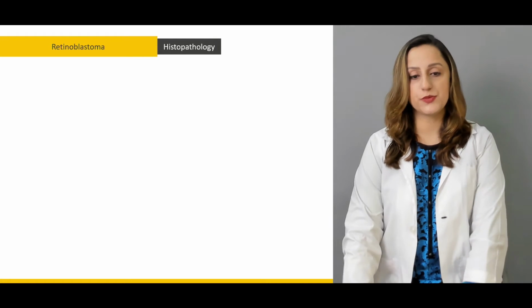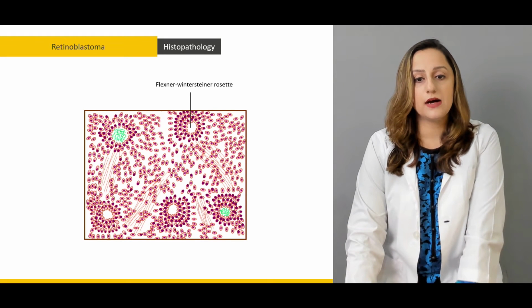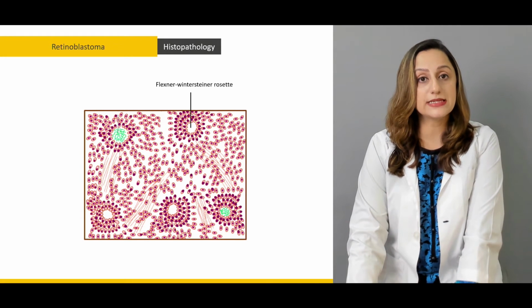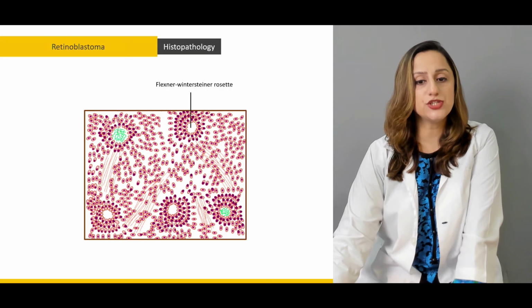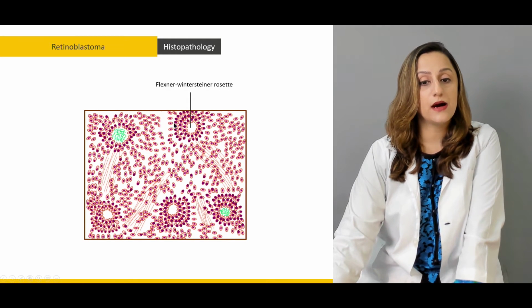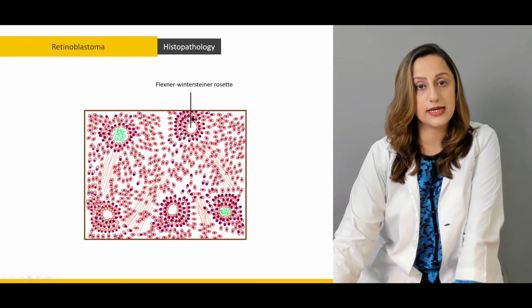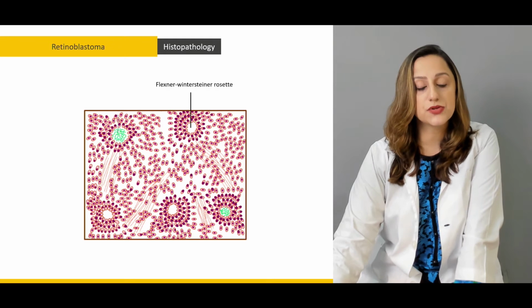These features are shown here. First of all, we have the Flexner-Wintersteiner rosettes. It's a rosette-like appearance, as you can appreciate here. Under the microscope, you would look for these rosette-like structures that are quite visible in retinoblastoma, and these are termed the Flexner-Wintersteiner rosettes.